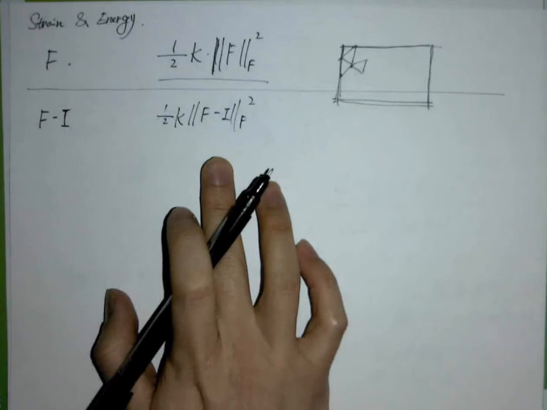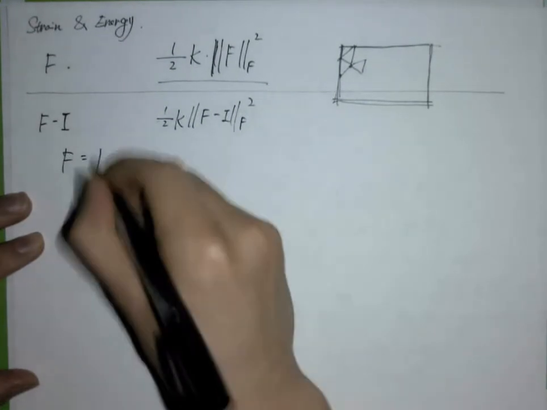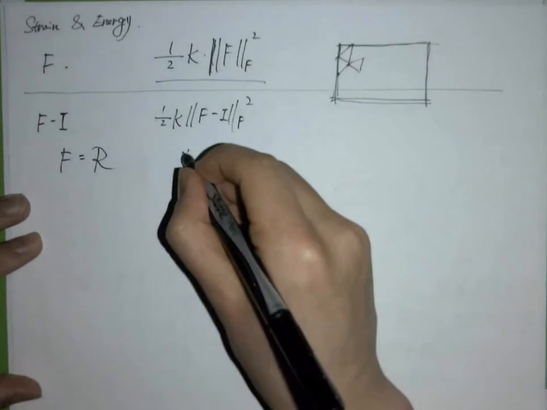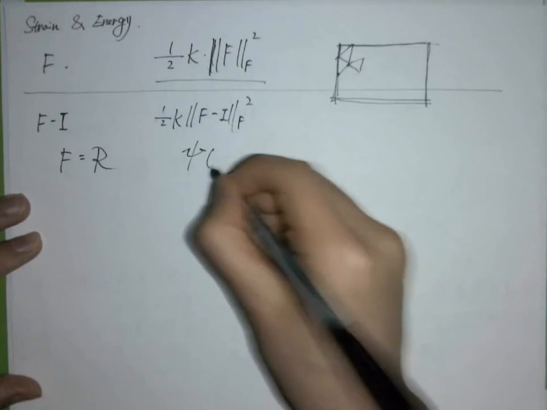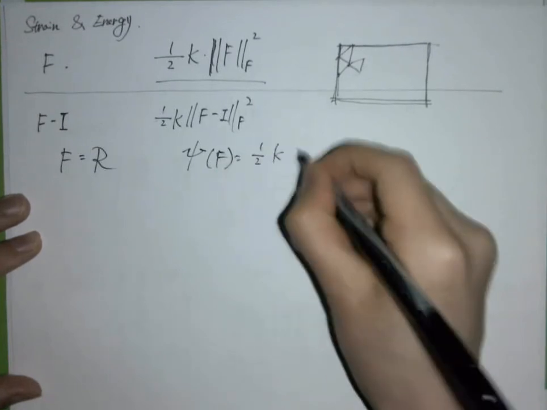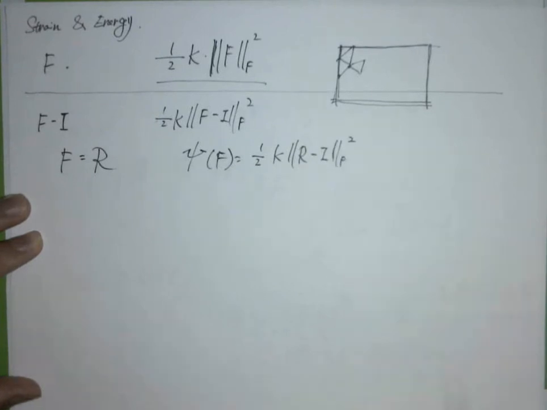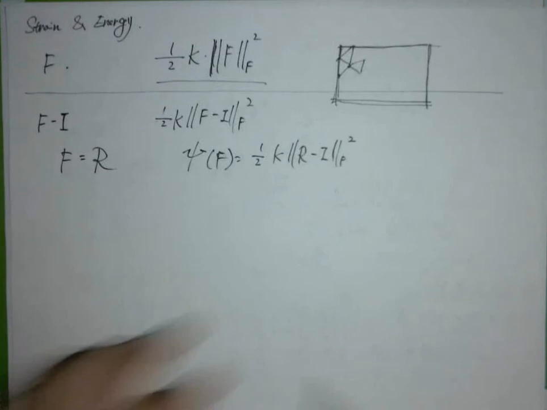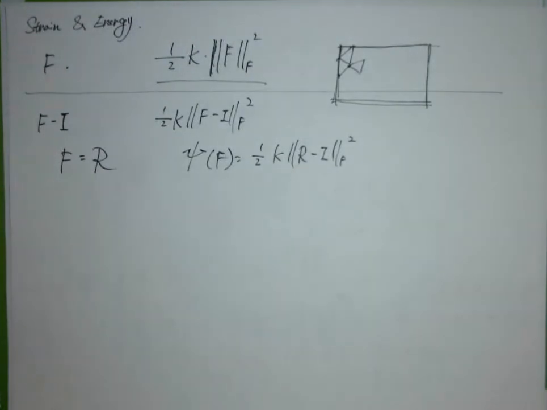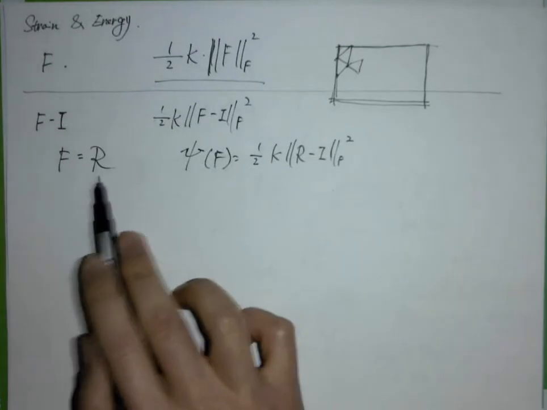If F equals a rotation matrix R, then my energy density psi(F) will simply become 1/2 of k times the norm of R minus identity, Frobenius norm squared. And we know that this one is not zero.